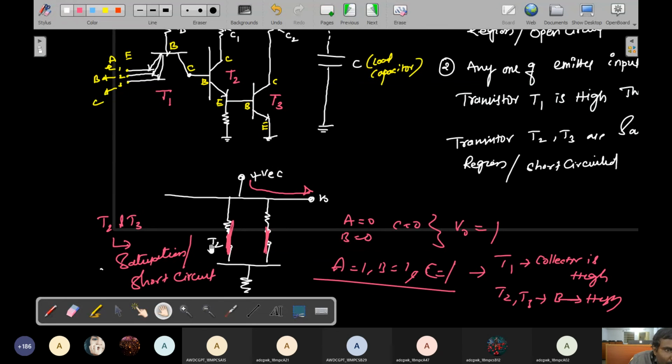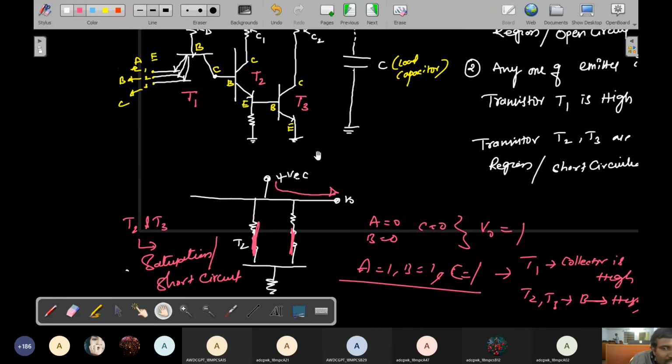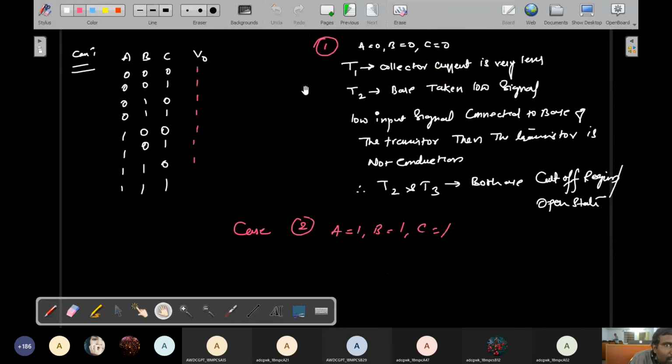On means a short circuit, which is connected to ground. So these two transistors are connected to ground, meaning the input signal is transferred to ground potential. Therefore our output voltage shows 0. So in this situation, what is your output voltage? Simply 0.